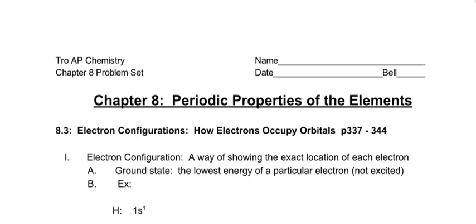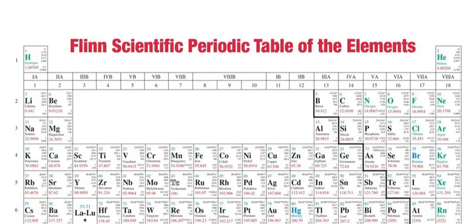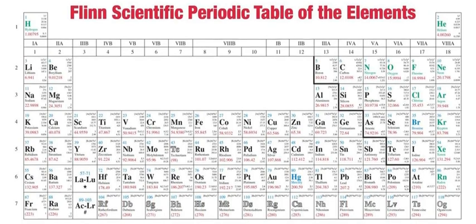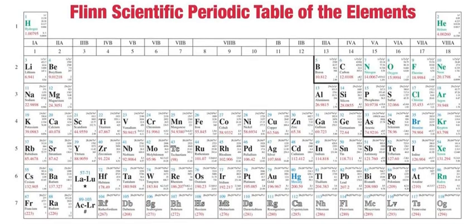This is how electrons occupy their orbitals. So if I look at a periodic table, here's one I picked up from the internet, and I liked this one because it has a certain feature, which has to do with these numbers here. 1, 2, these are your energy levels.